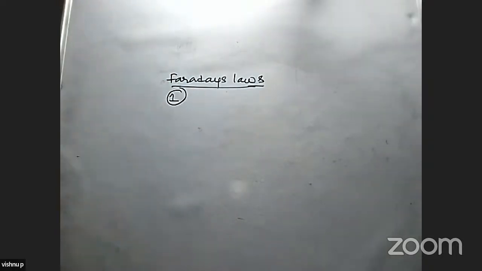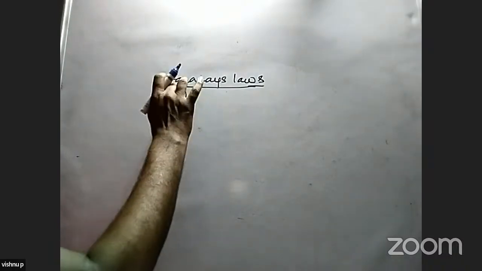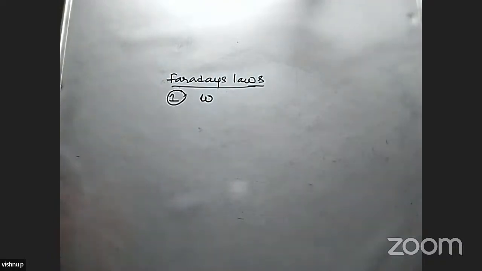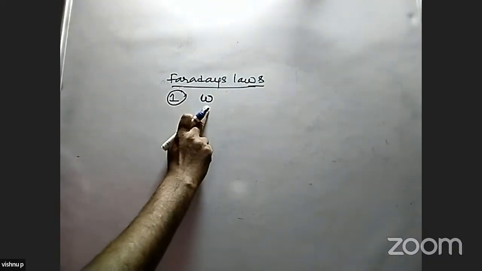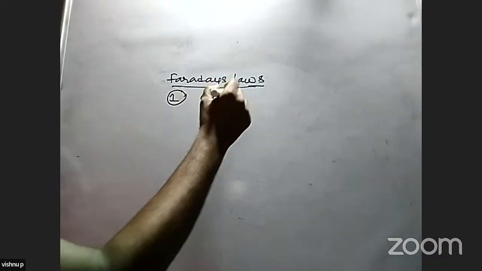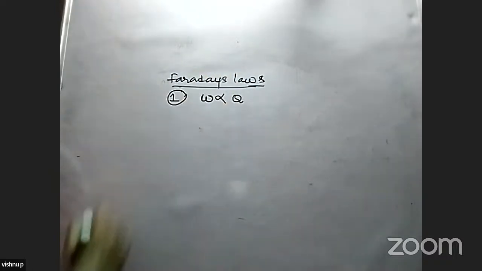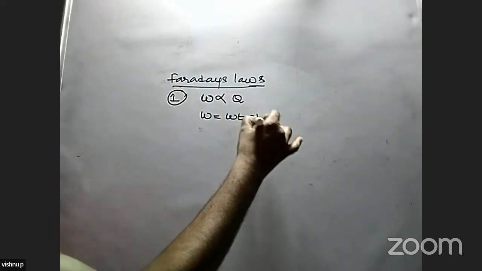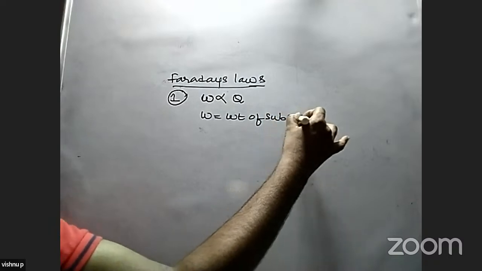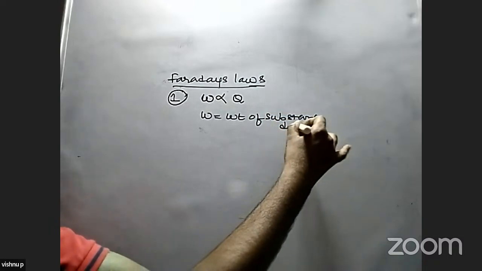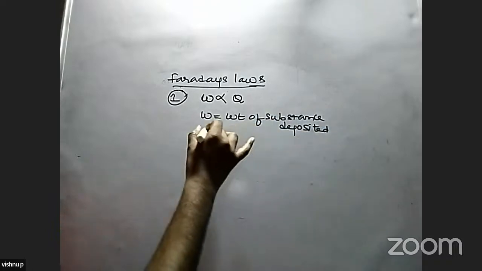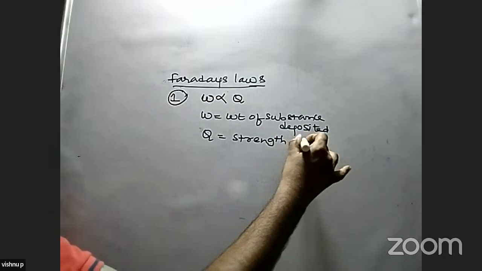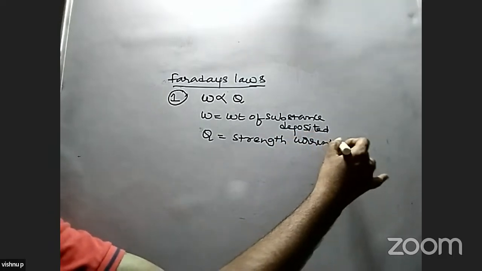According to the first law, when we pass electricity through an electrolyte, how much substance is deposited at the cathode or anode? The weight of substance is directly proportional to the quantity of electricity in coulombs. So W is the weight of substance deposited, and Q is the quantity of electricity in coulombs.